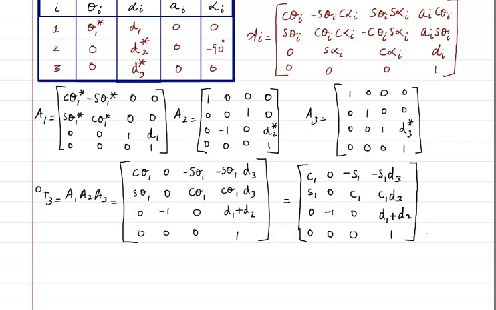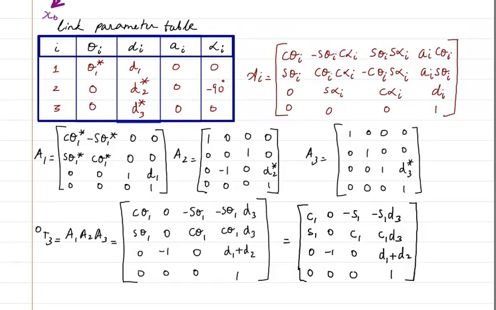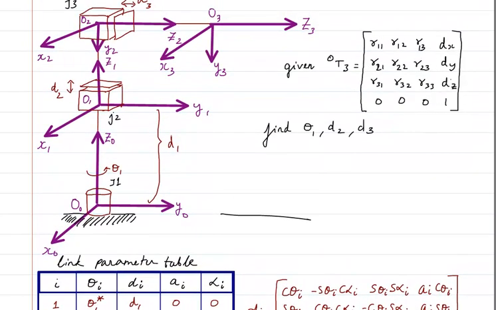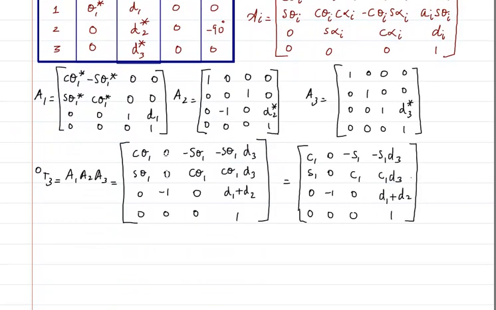So now what does the requirement say? The requirement says that we should be able to find out theta 1, d2, d3 from this equation. So here theta 1 we have to find out, d2 we have to find out, d3 we have to find out.